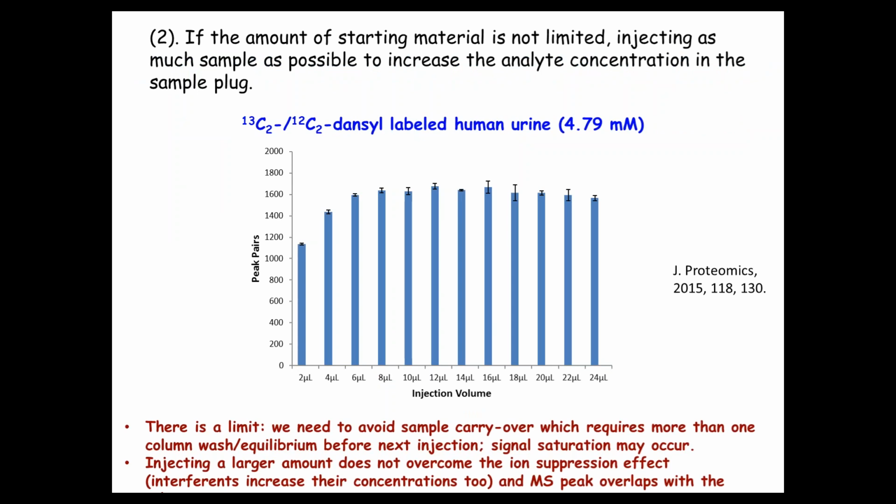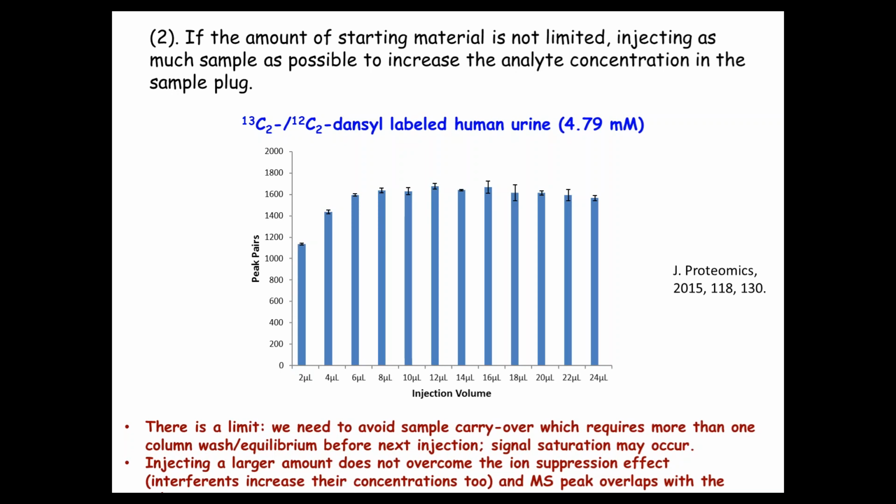If the sample amount is not limited, we should inject as much sample as possible to increase the analyte concentration in the sample plug in LC-MS. For example, for dansyl-labeled human urine at a fixed concentration, when we inject a large volume, hence more sample into LC-MS, we saw an increase in the number of peak pairs detected.